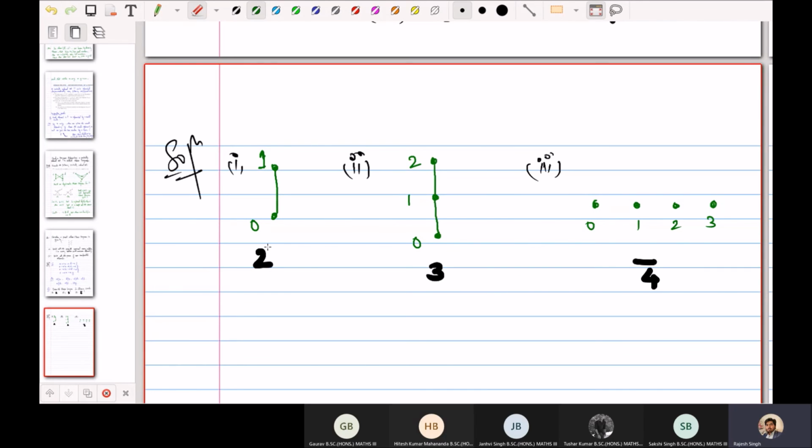So how many posets can be there with 3 elements? What are the possibilities you can have?